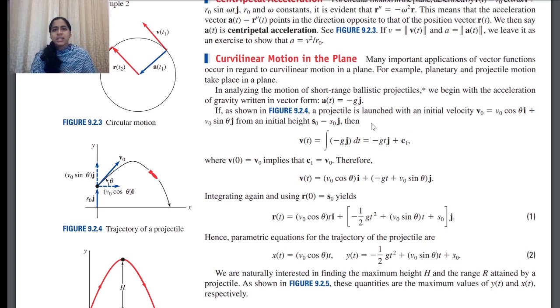That is, the projectile is launched with this initial velocity v0 from an initial height s0. Using these two pieces of information, we can easily find the parametric equations for the trajectory of this projectile.